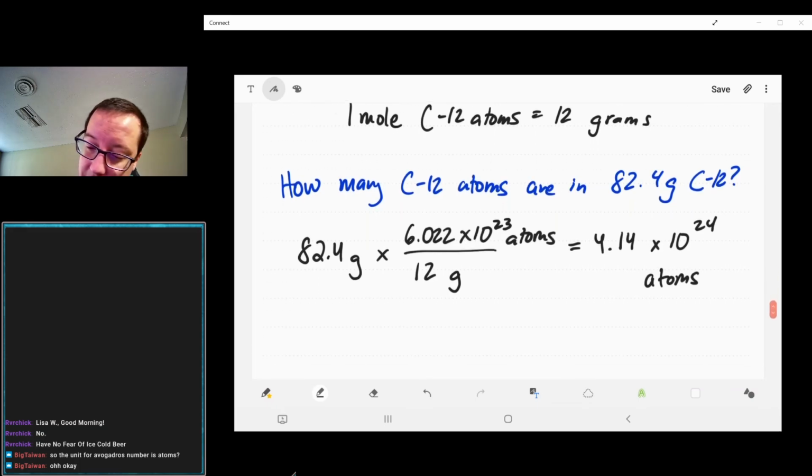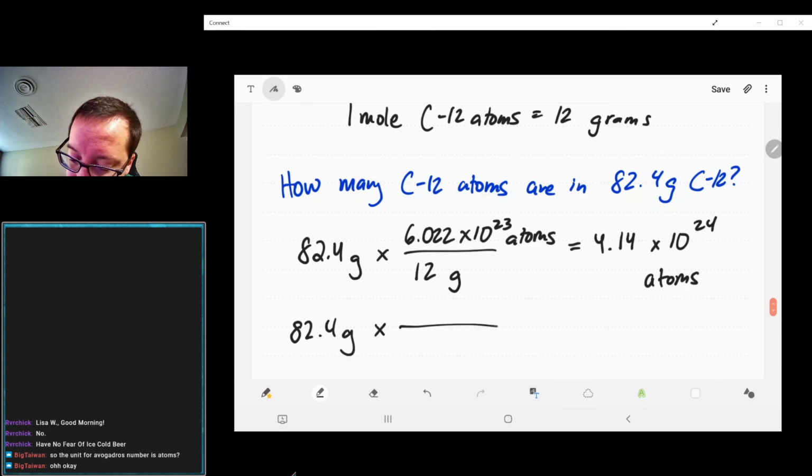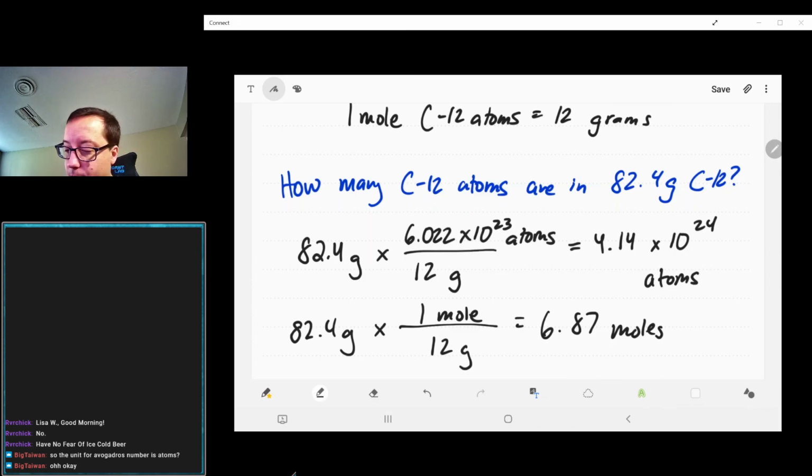So instead, we can say 82.4 grams times 1 mole over 12 grams. As we can see here, this already makes our calculation easier because we don't have to plug in this number with the crazy exponent. We do that, and we can just say we have 6.87 moles of carbon. That's an easier unit to deal with, right?